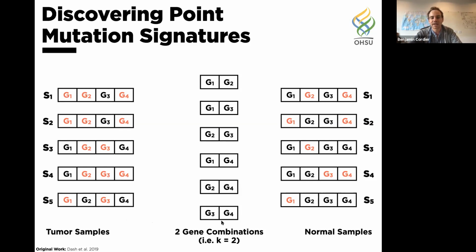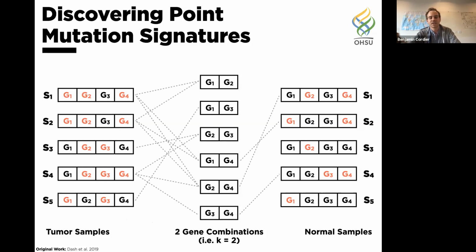Then they generated 2 gene combinations, and they used an algorithm to assign these. This algorithm ends up being analogous to set cover, which is an NP-hard optimization problem, and it's specifically a weighted set cover.